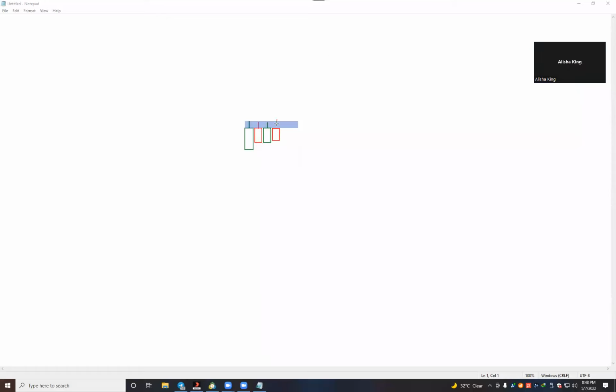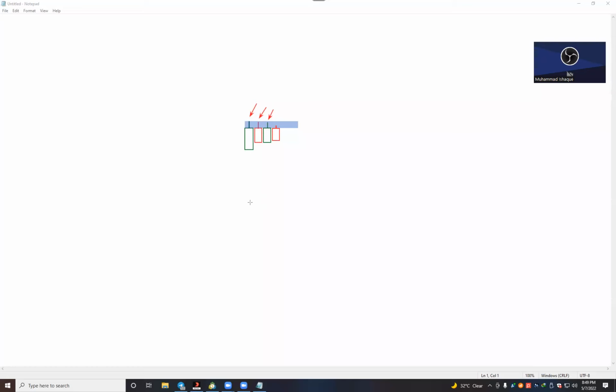But what is important? The important thing is these three wicks. If there are no three wicks, then we will never trade.